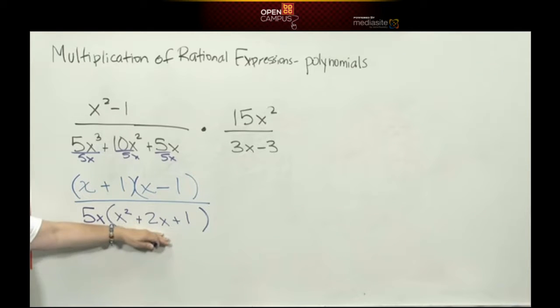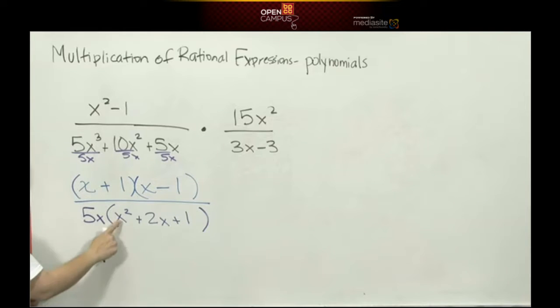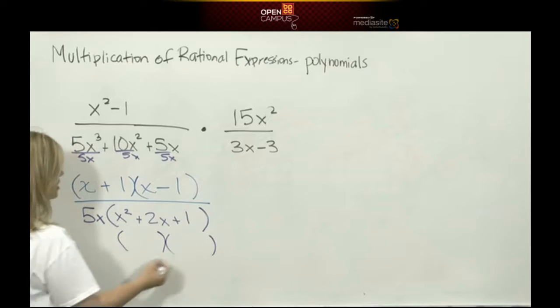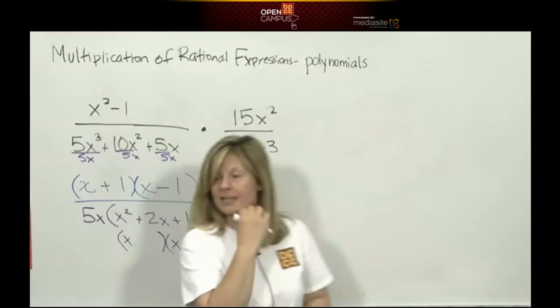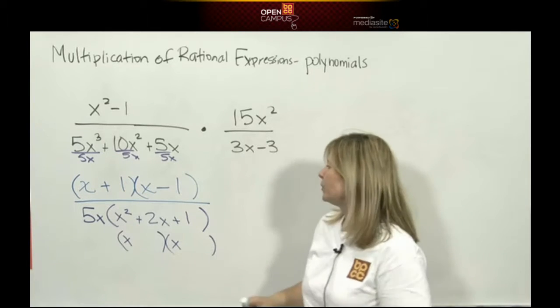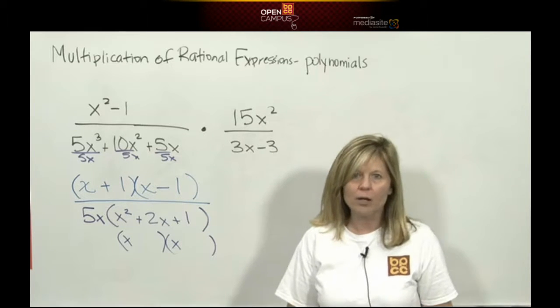Now if you look inside, we're not done factoring. Now here's your trinomial written correctly. Now you have the x squared. So we're going to break this down into two more parentheses. X squared is x times x. And remember, that's an easy trinomial because it has a leading coefficient of 1. After I go to the first, I'll go to the last. What multiplies to 1? Well, that's easy.